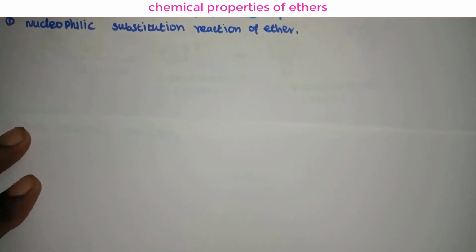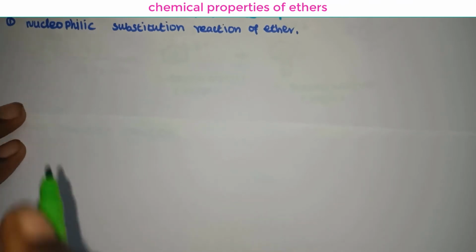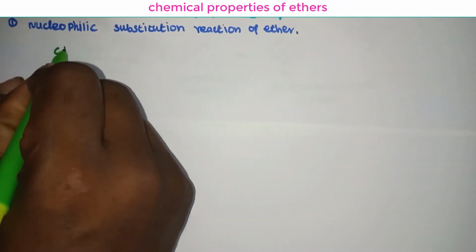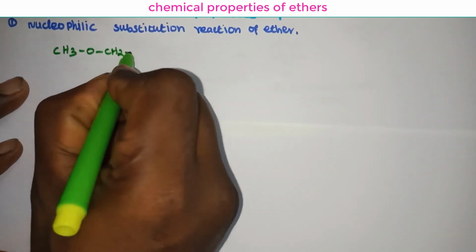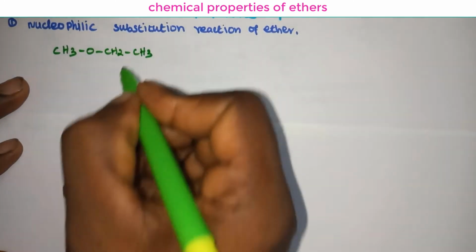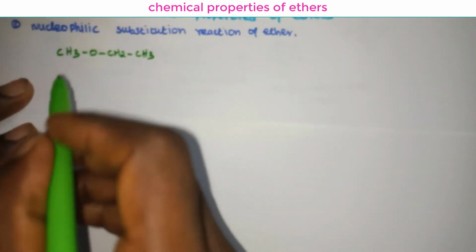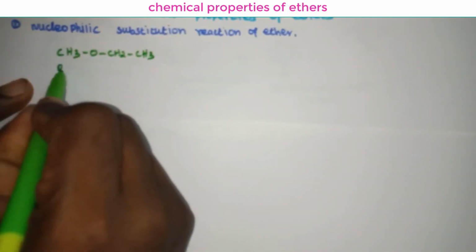Next one is the chemical properties of ethers. Ethers readily undergo nucleophilic substitution reaction with hydrogen halide. Example, methoxyethane, CH3OCH2CH3. IUPAC name of this compound is methoxyethane. Common name is ethyl methyl ether.